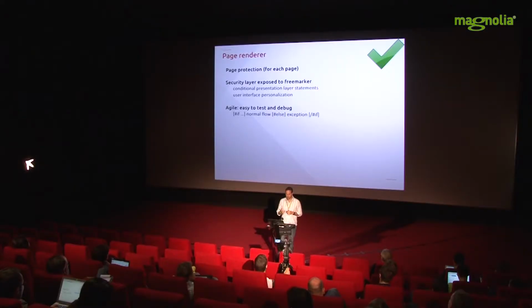But in this case, for the features of the project, this has translated into agile development of the front end. So you can do things like that: if normal flow, else exception, asking SAP for the authorization at that place.